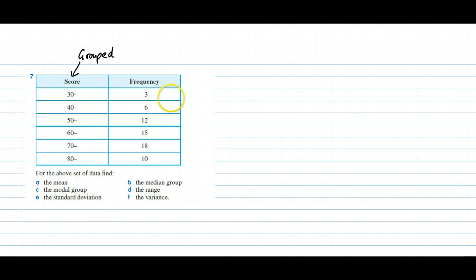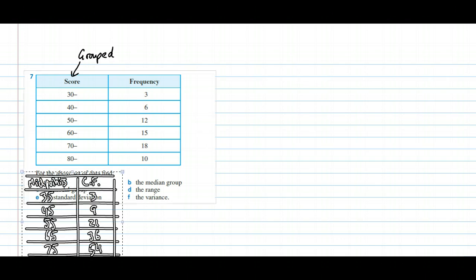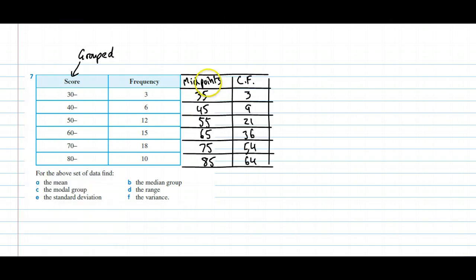The first thing that's going to help us find these values is to add a couple of extra columns to our table. Okay, these are the 2 extra columns that we needed to add. We've added a midpoints column, because we're going to need actual scores that we can add together for the mean, or count between for the standard deviation.